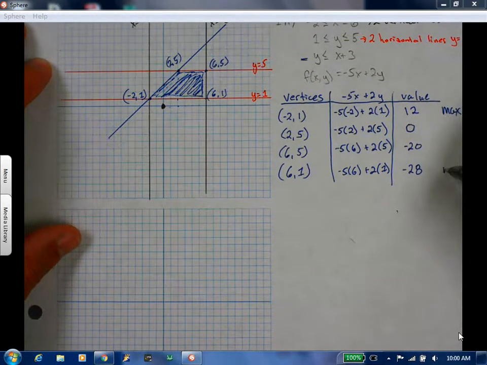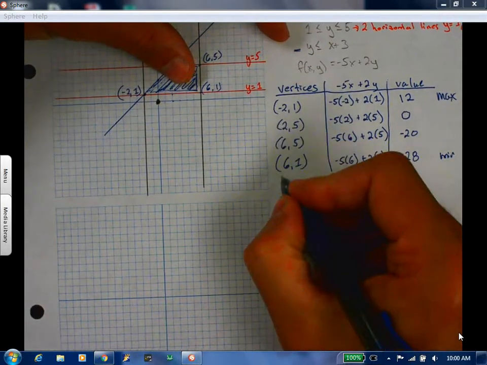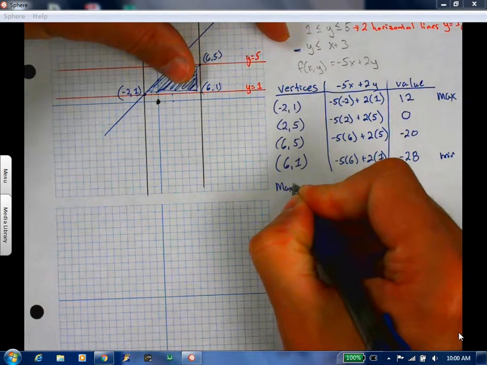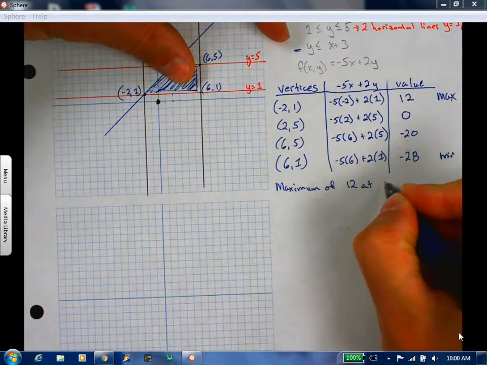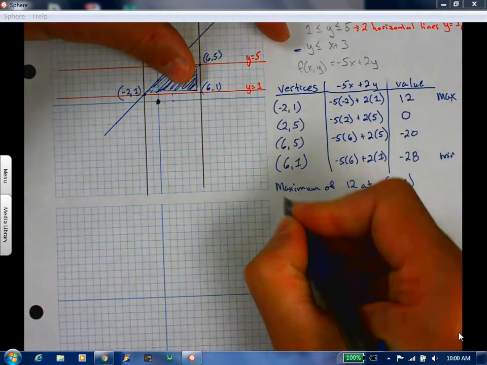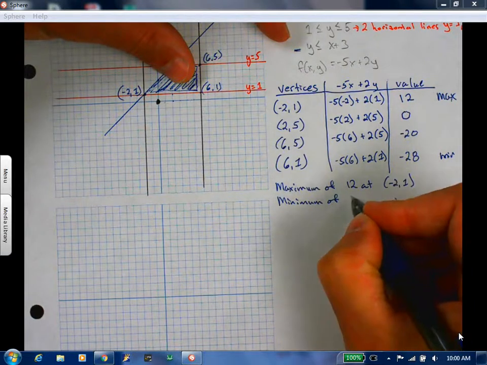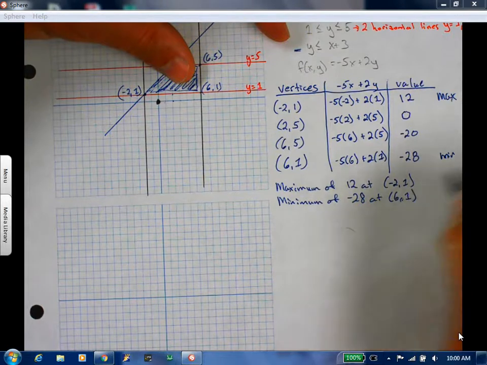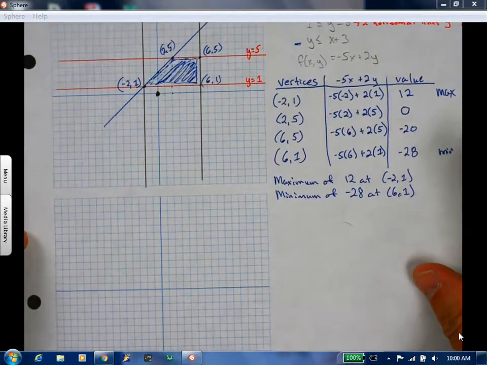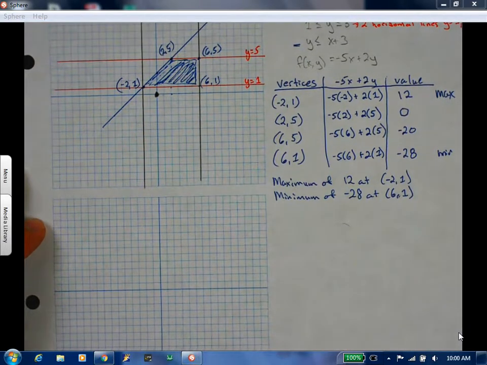So our final statement, our answer statement, we would say a maximum of 12 at negative 2, 1. Minimum of negative 28 at 6, 1. So all that lovely work to figure that out right there.